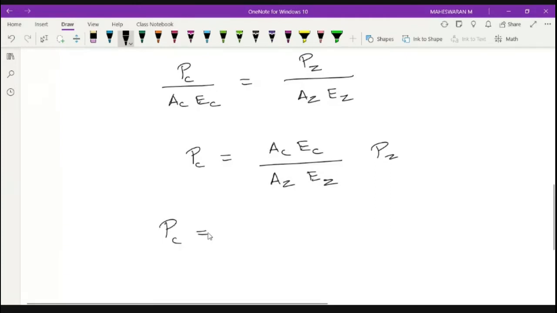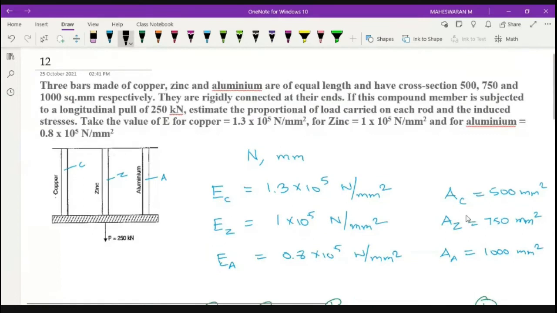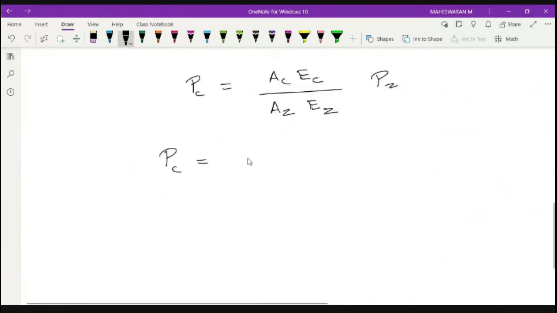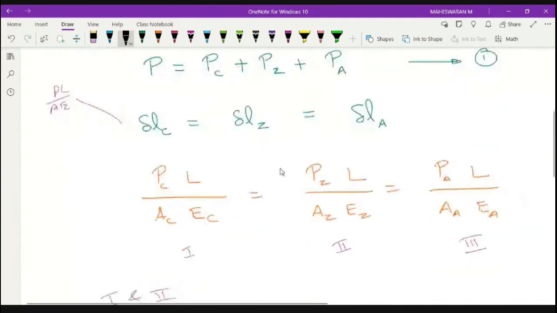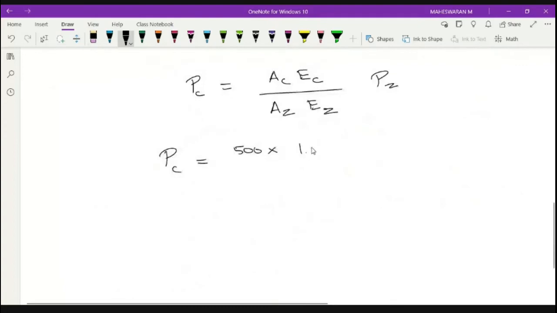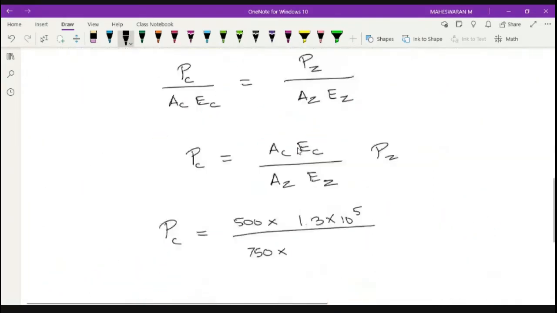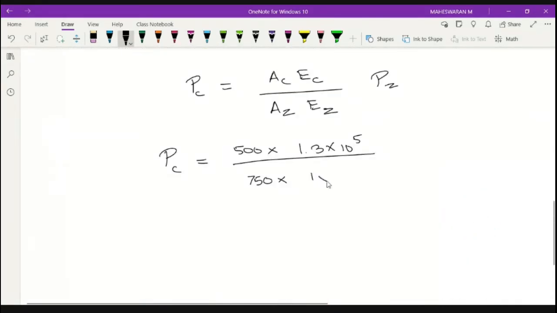PC is equal to AC, so the area for copper is 500 into Young's modulus for copper, 1.3 into 10 power 5, divided by the area for zinc, 750, into Young's modulus for zinc, 1 into 10 power 5, into PZ. So what is PC in terms of PZ? It is 0.8666 PZ.